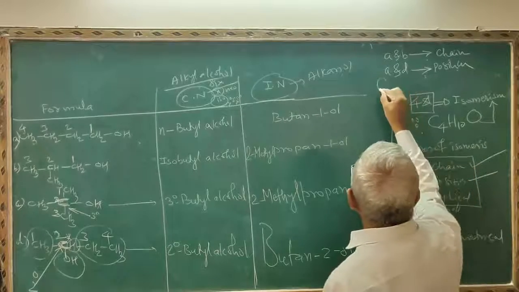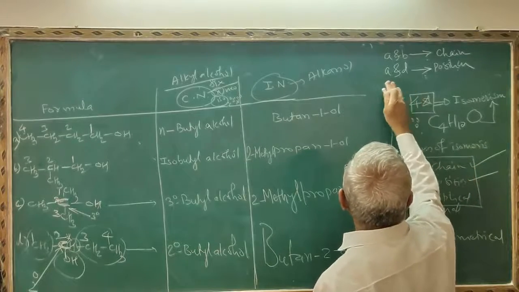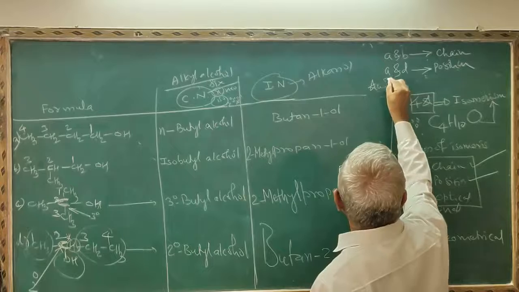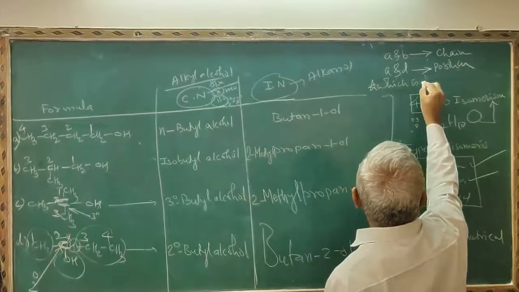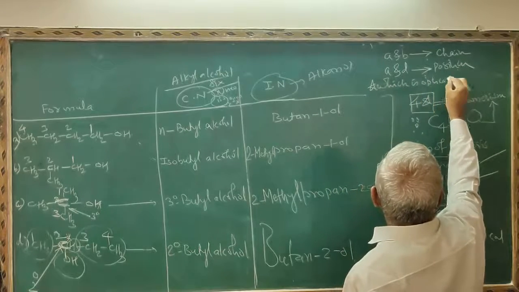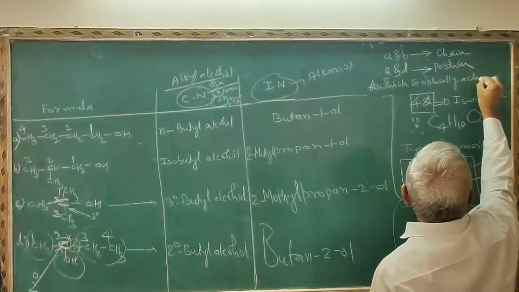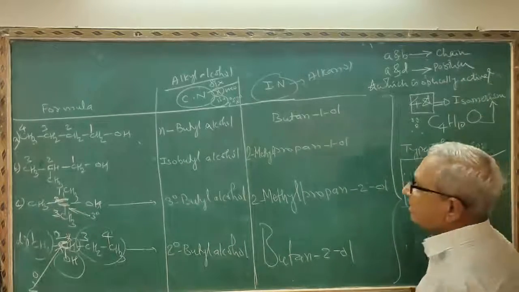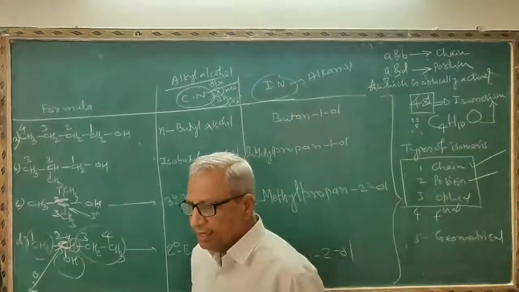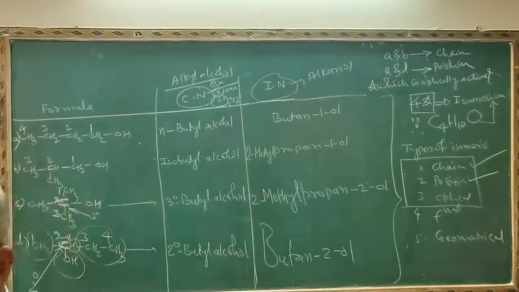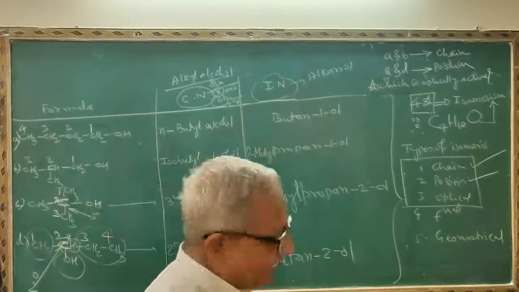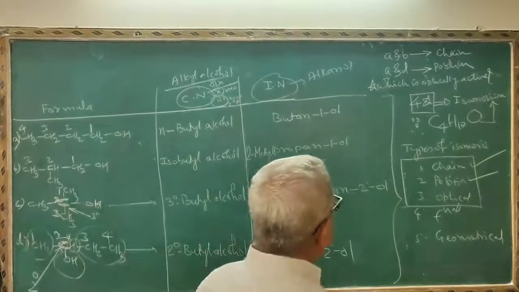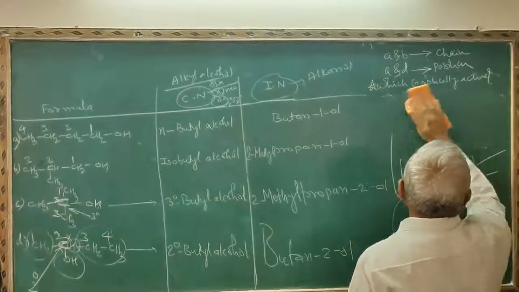Last question, which is optically active? This question is very, very important. Which is optically active? Select the correct one. A, B, C, D. Out of these 4, one structure is optically active. And you learned in haloalkanes the condition for optical activity.